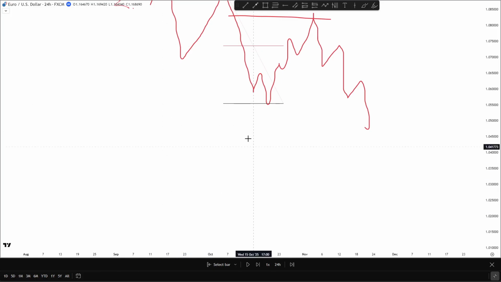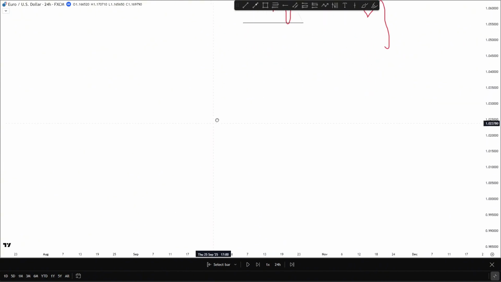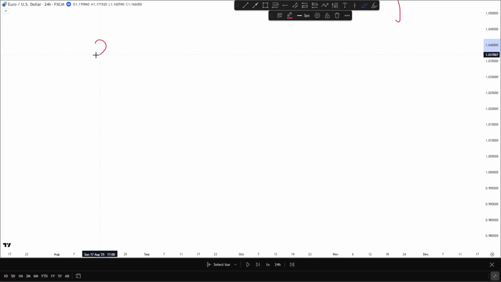The third scenario is a bit more interesting than the previous two, and it's also the one that we had this past week. Let me first draw it out for you, the third scenario.